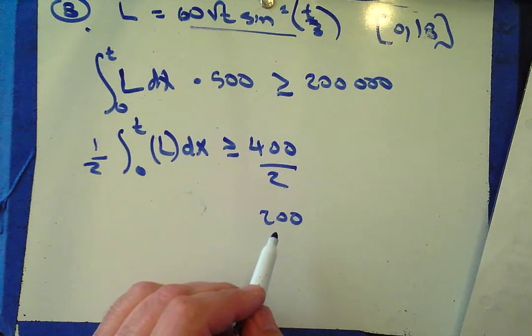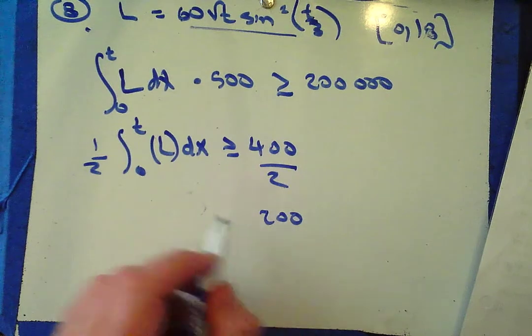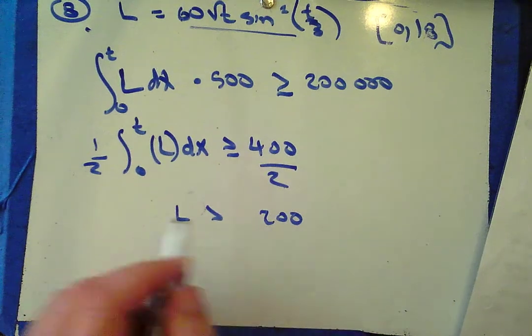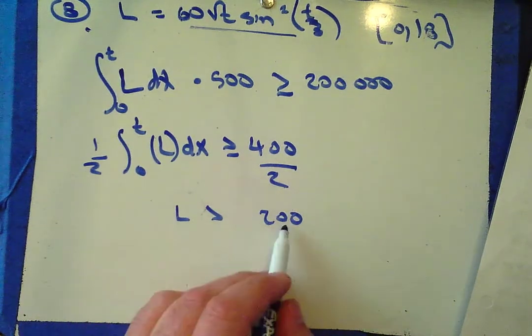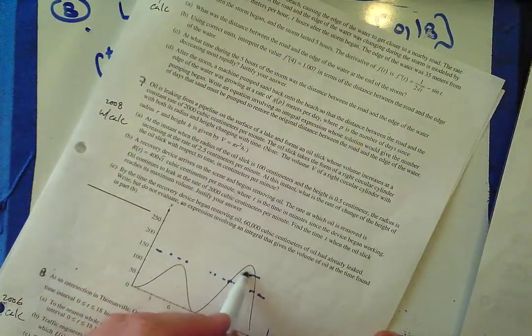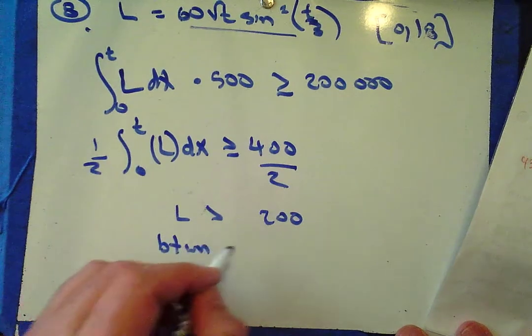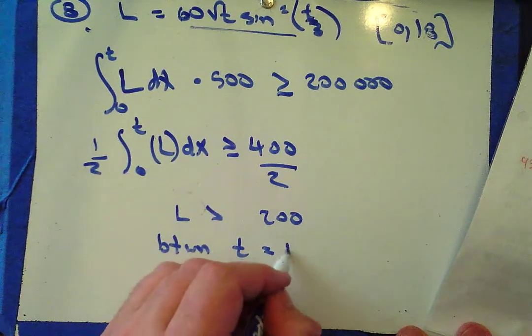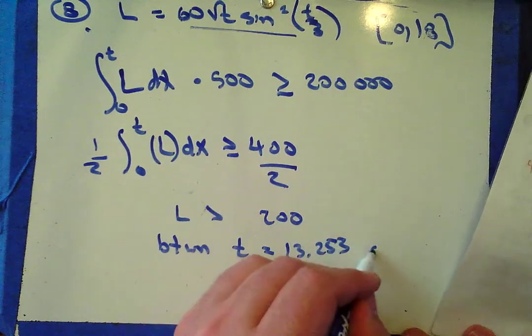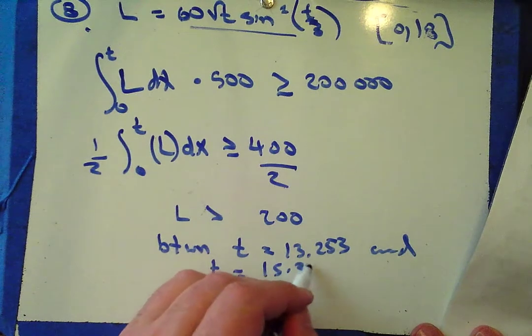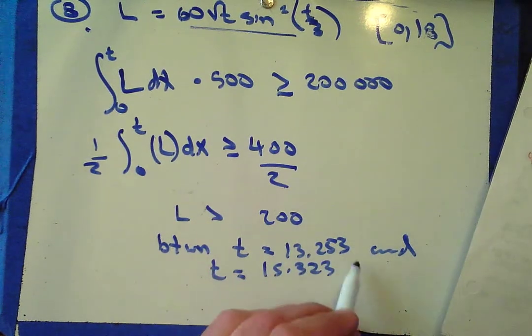So I'm wondering if L is greater than 200. So I'm going to graph L of t, but this time I'm going to graph 200, and I can see, yep, between these two times, L is greater than 200, and that happens between t equal to 13.253 and t equal to 15.323 hours.